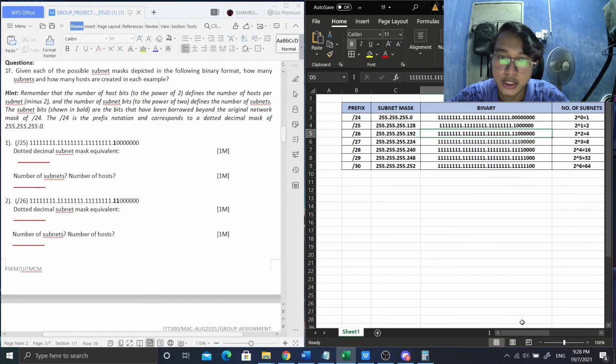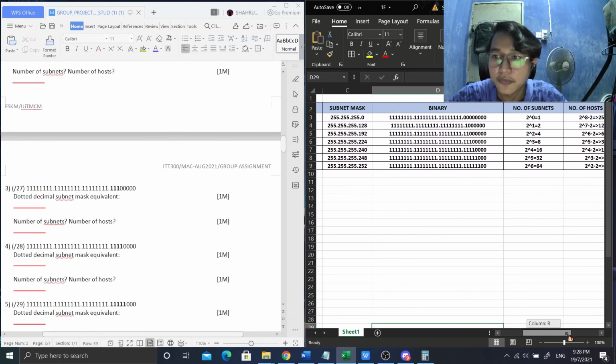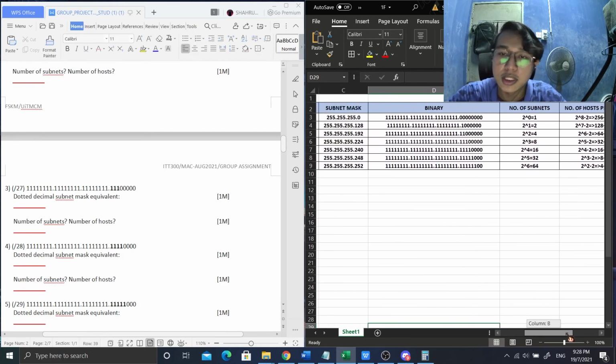For the next question, question 3, the prefix notation is slash 27. So to find the subnet mask, we find there are only 5 zeros. So 2 power of 5 equals 32.